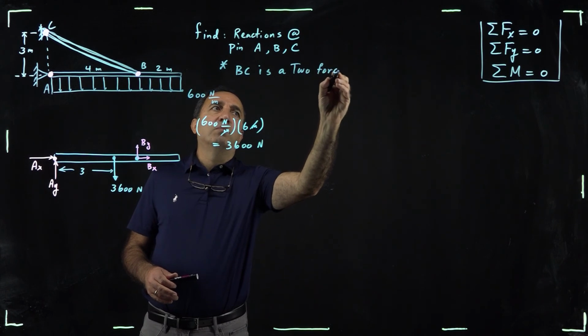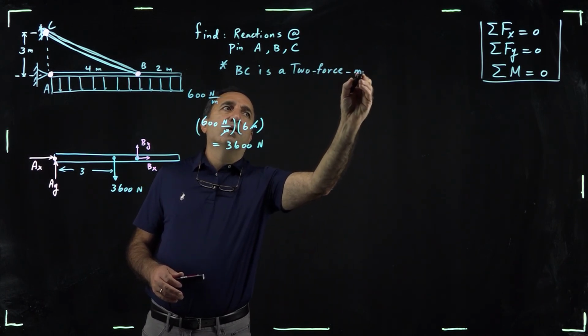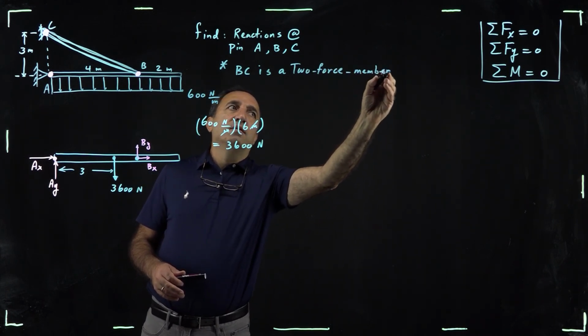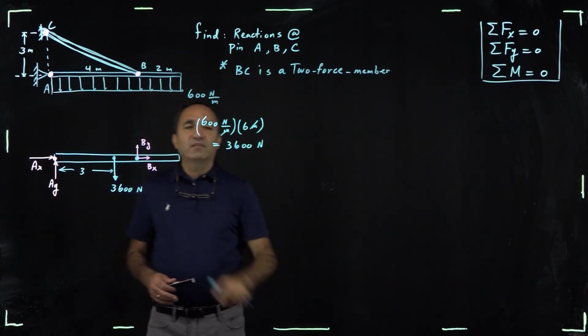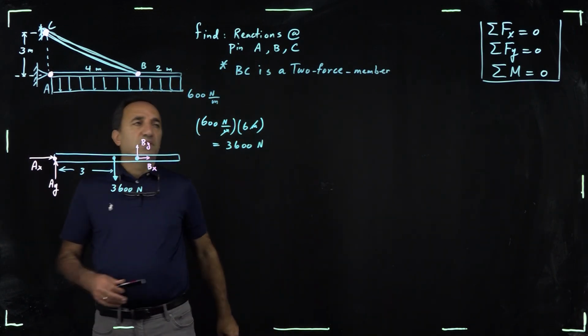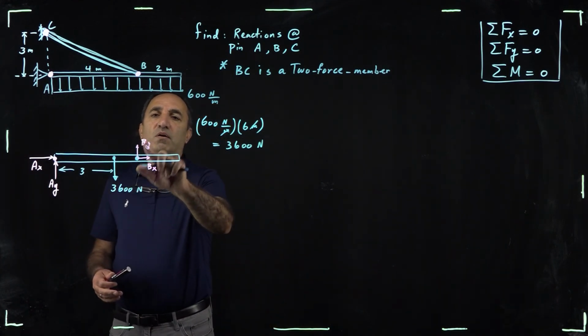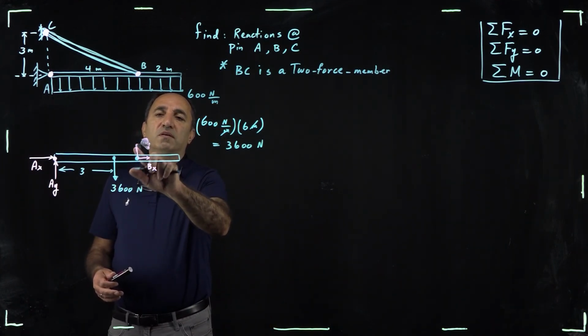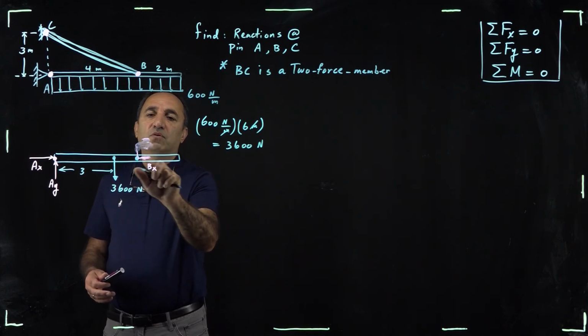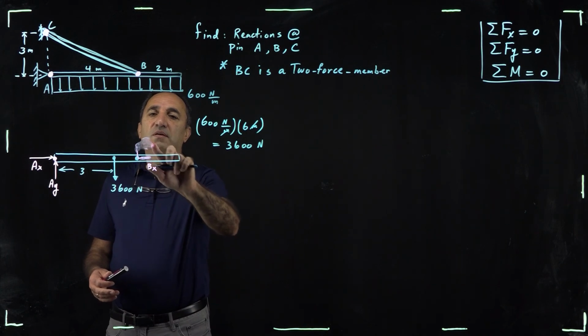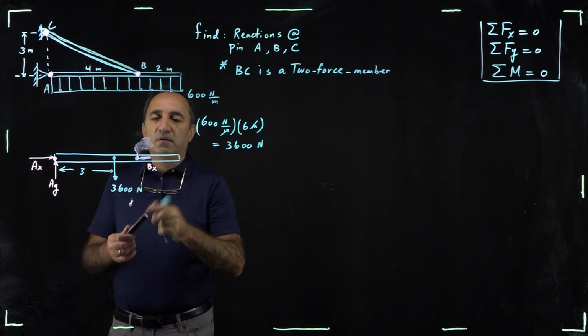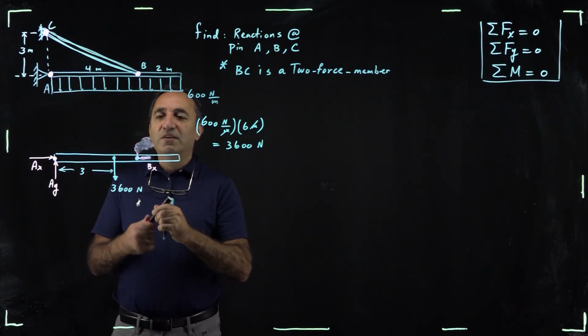two-force member, which means the force has to act along BC, right? Kind of like each member of a truss is a two-force member. So sorry for the mess here. I have to get a better eraser than my fingers.